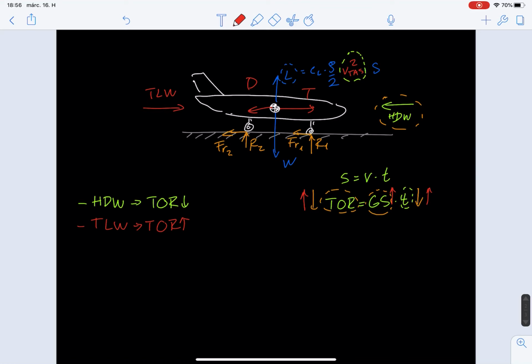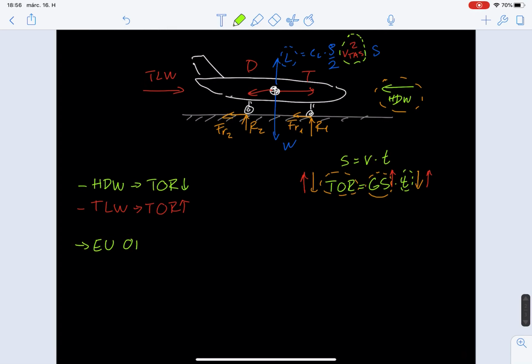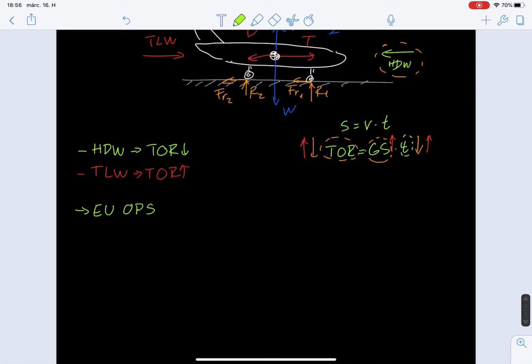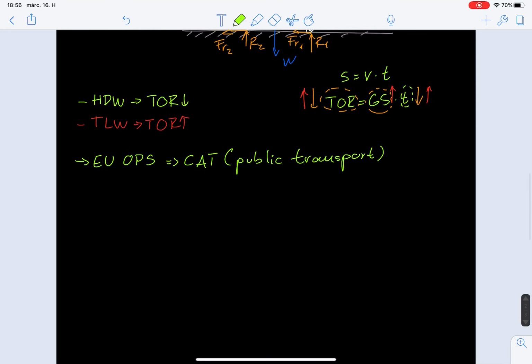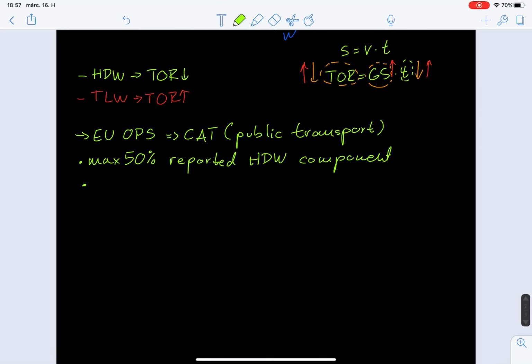And this is why it's stated later on in the EU ops that for flight planning purposes, so in EU ops, it is stated that the mandatory factor of the wind when determining takeoff distances for public transport flights, so for public transport, or how we have called it, CAT, commercial air transport or public transport flights, is basically using no more than 50%, so maximum 50% of the reported headwind component and no less than 150% of the reported tailwind component.